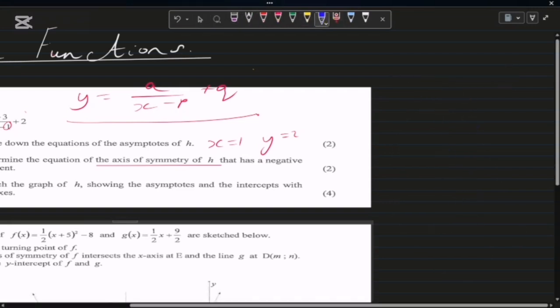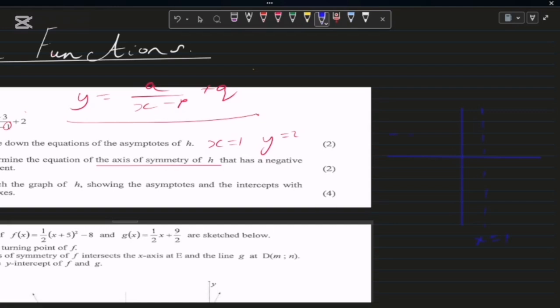Say we have a random hyperbola, and then its asymptotes are like that. One asymptote is x is equal to 1, and then the other one is y is 2.